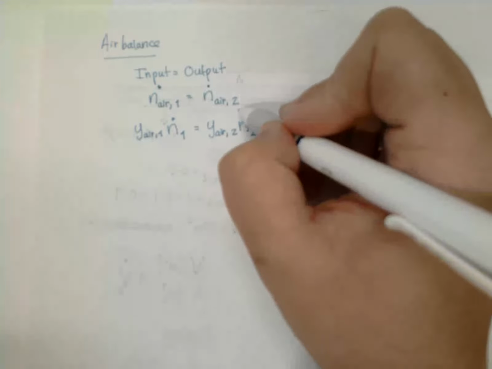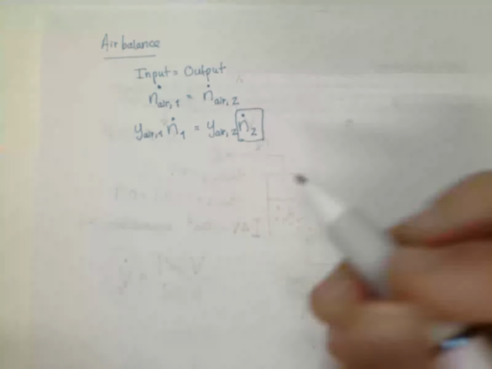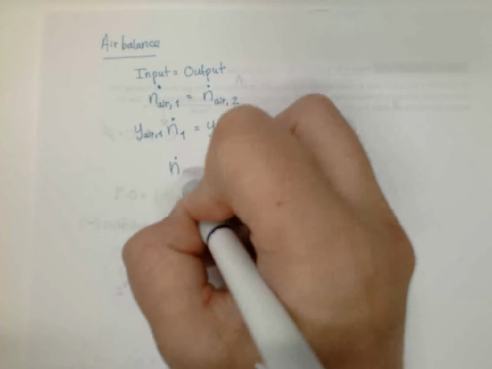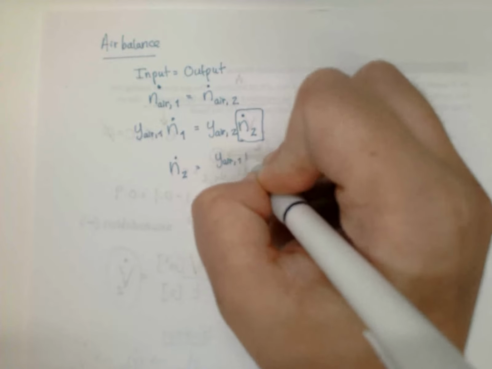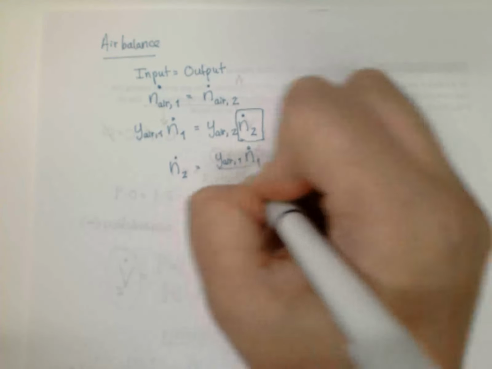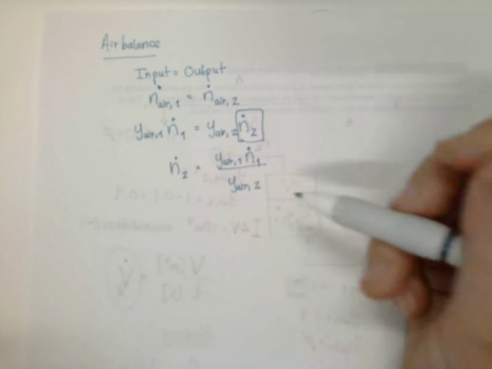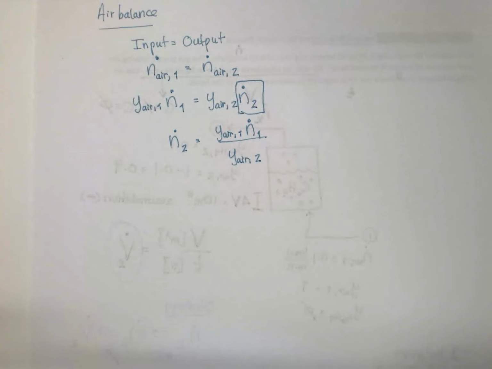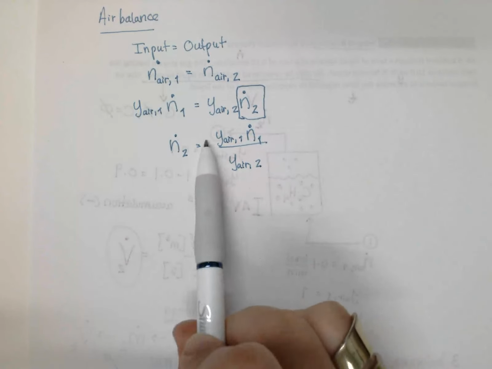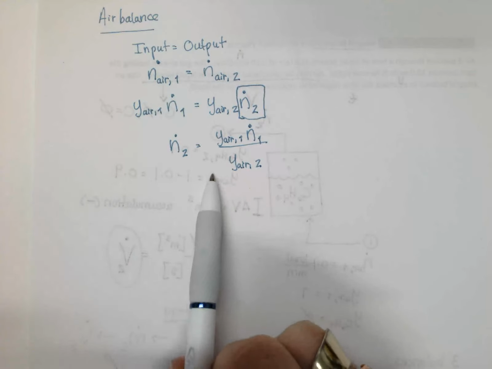Hey, check it out. This is the variable we're looking for. So let's solve for it. So N dot 2 is going to be Y air 1 times N dot 1, divided by Y air 2. Now the next question for us is, do we have all those numbers? And the answer to that question is actually yes.